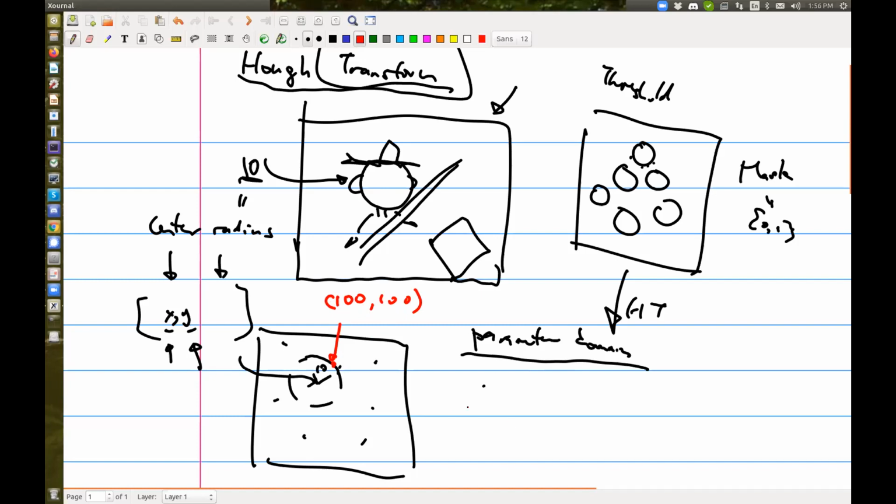Let's say, wait, I guess I can make a question like that. If I have a point like this, I can claim that this can be a point on a circle with the center at 90 and question mark. So what was the question mark here? This is the center of the circle.